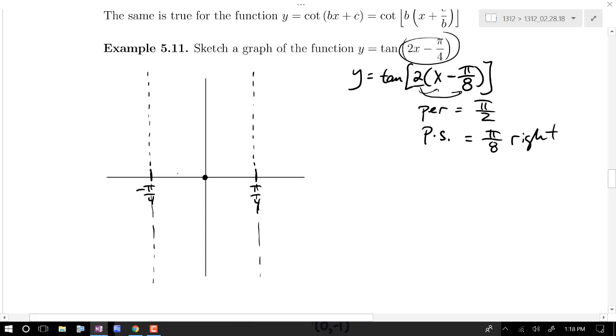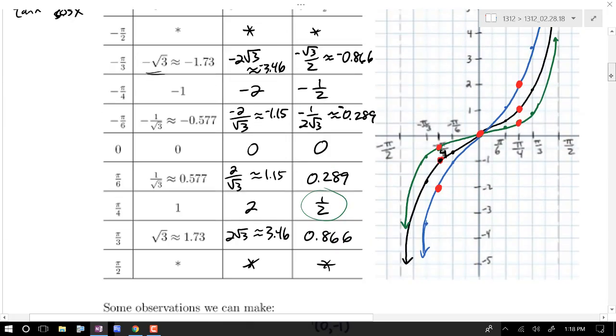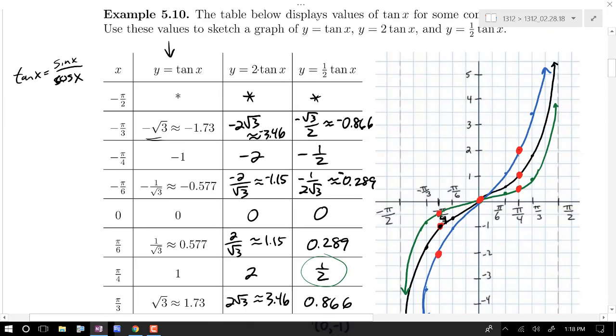Then I will find my next halfway mark. So this would be pi over 8 and minus pi over 8. The halfway point to the asymptote is like the primary anchors on the previous page, where I said I'm going to be at 1/2, 1, or 2, depending on whatever this coefficient is.